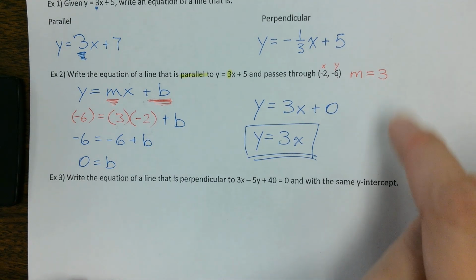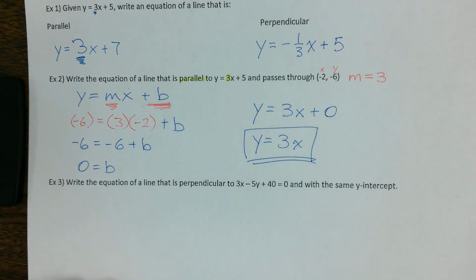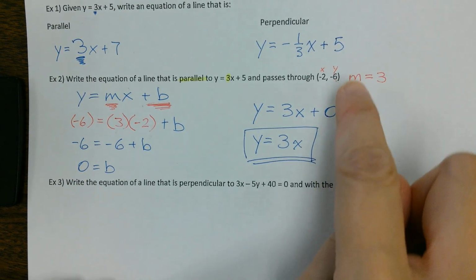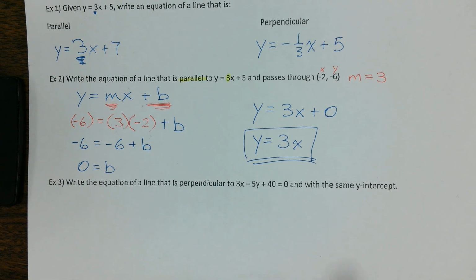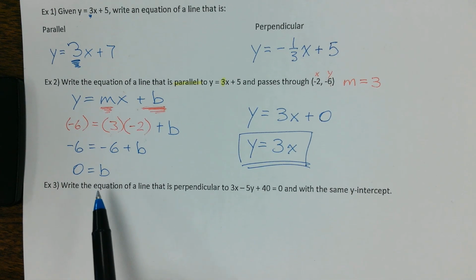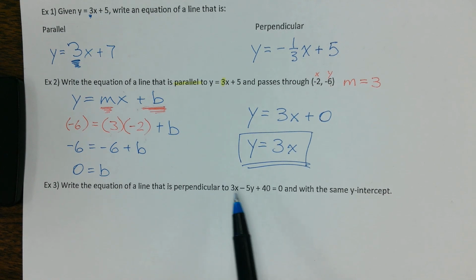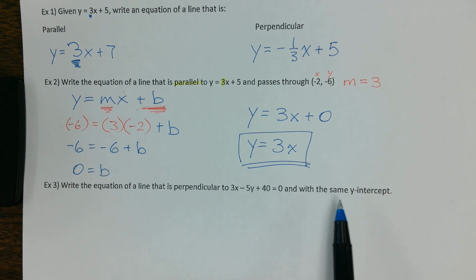Alright, so you see how this ties into everything we did on Thursday and Friday? Okay, so similarly, write the equation of a line that is perpendicular to this and with the same y-intercept.